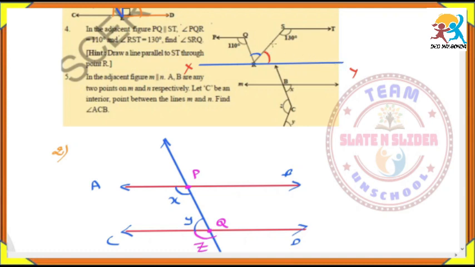From construction, angle SRY and angle RST are both on the same side of the transversal and both angles are in the interior, so their sum is 180. From that we can write that this is 130 and it will be 50.